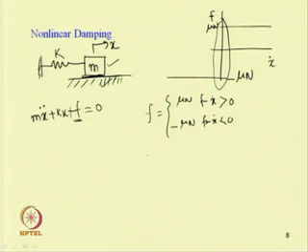Or one can write F equal to mu n multiplied by signum x dot, where signum x dot equals plus 1 for x dot greater than 0 and minus 1 for x dot less than 0. So one can write the Coulomb damping or Coulomb friction in this way.